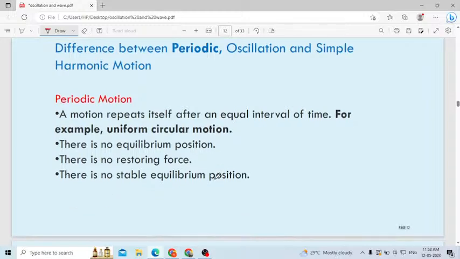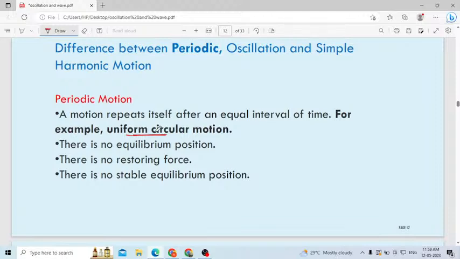Periodic motion is a motion that repeats itself after equal intervals of time. For example, uniform circular motion, which I already explained in detail. The best examples are linear motion and uniform circular motion.